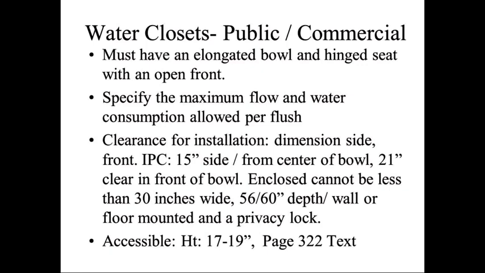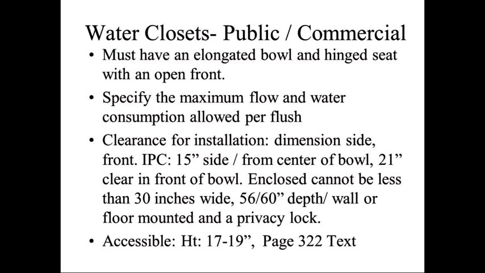You have to have clearance for installation. So for IBC, 15 inches each side from the center of the bowl, 21 inches clear in front of the bowl. Enclosed cannot be less than 30 inches wide, 56 to 60 inch depth, wall or floor mounted, and a privacy lock. But in TAS, Texas Accessibility Standards, it's a little different, so you're going to have to go back and look at those requirements.